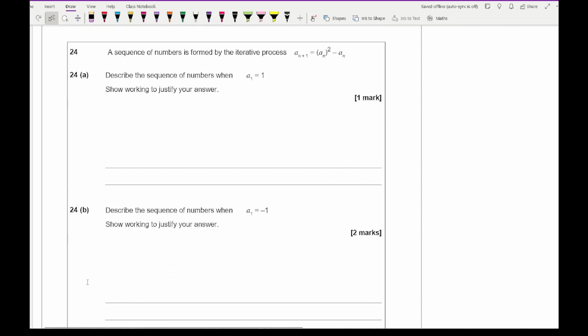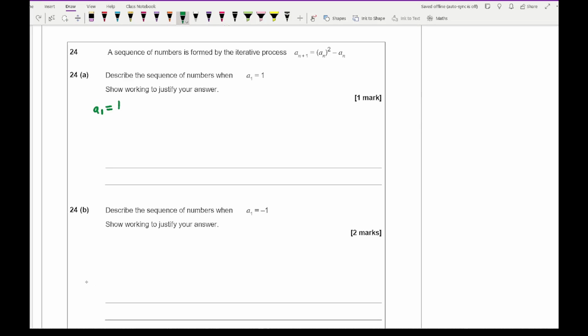Moving on to question 24, it says that a sequence of numbers is formed by an iterative process of a n plus 1 equals a n squared minus a n. Describe the sequence when a1 equals 1. So to find a2, let's just start by writing a1 first.